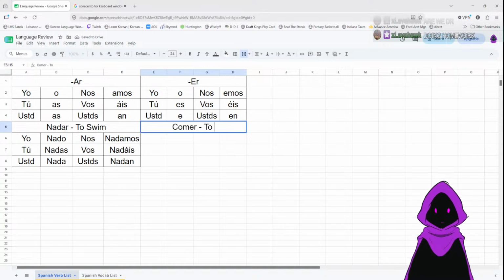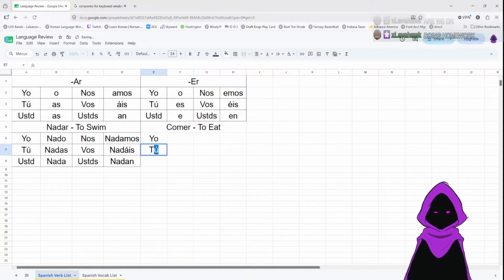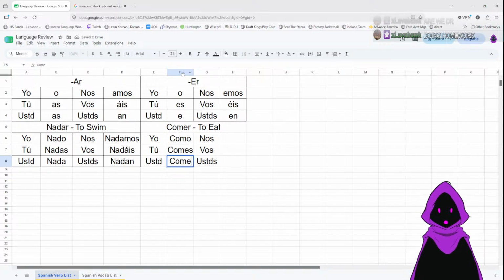Comer means to eat. So when we have comer here, we have como, I eat, comes, you eat, and come, he eats, or she eats.